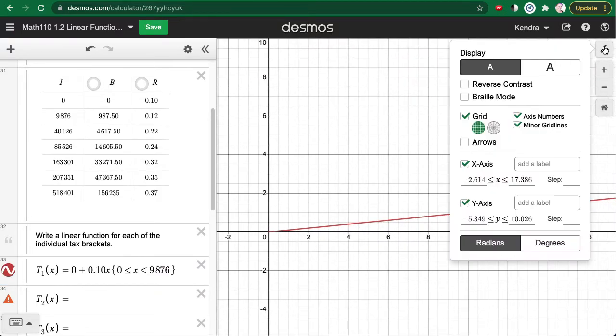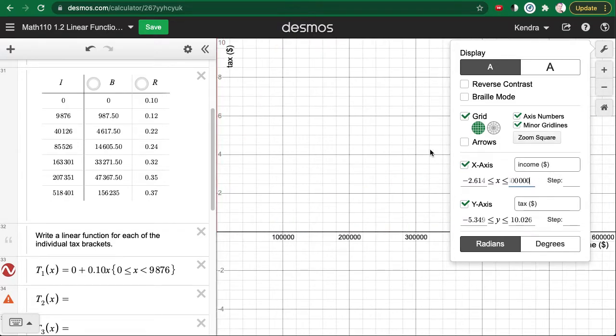Let me change my axes. So this is income, and this is going to be tax in dollars. This is also in dollars. And it looks like my income is going to be above 500,000, so let's say I'm going to go up to 600,000.